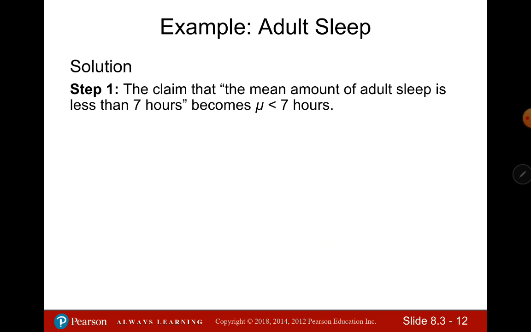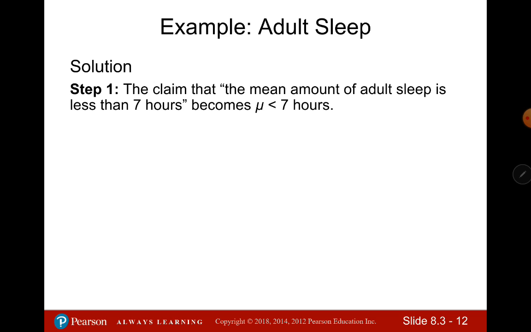Okay, let's go to the test. The first step, we need to find the claim. Right? We need to find which sentence is our claim. We already said that in this case, the claim, the mean sleep time is less than 7 hours, is our claim.